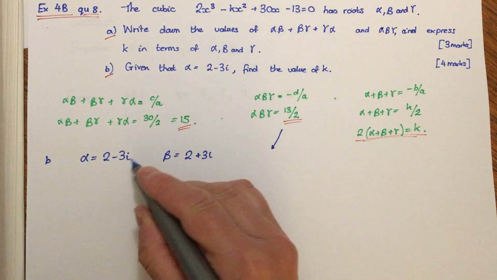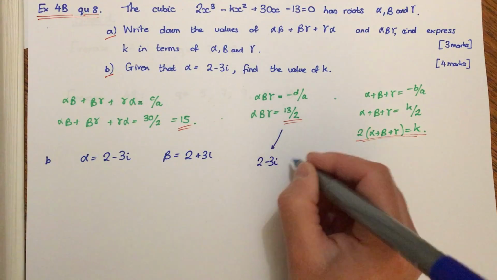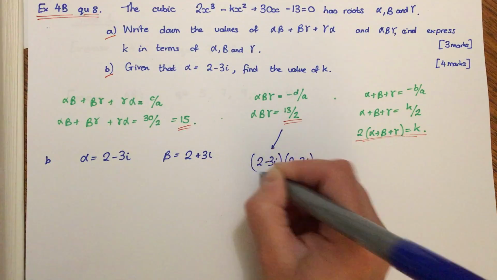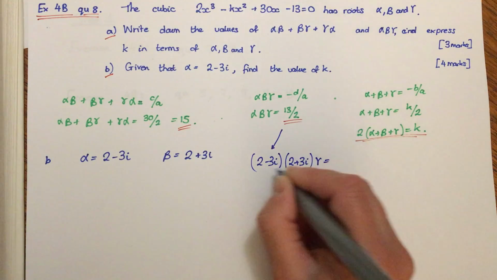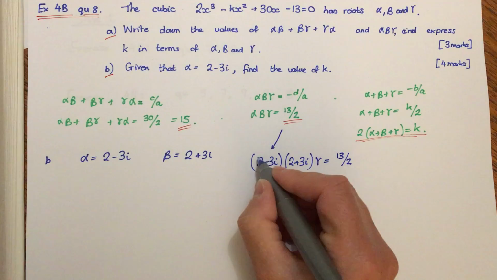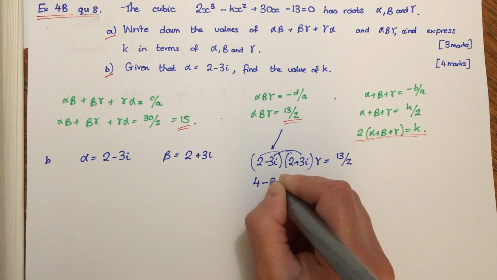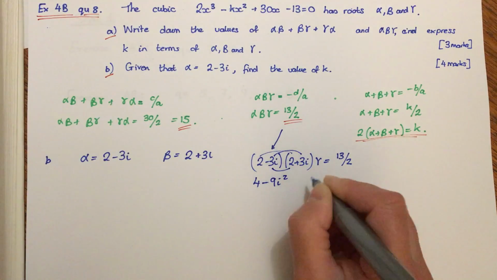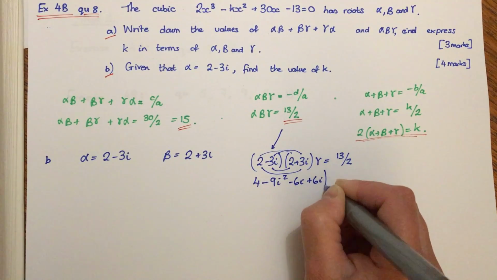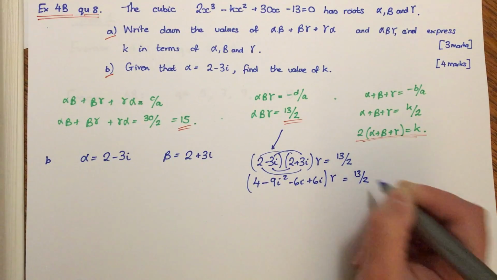So alpha is 2 minus 3i. Beta is 2 plus 3i, and gamma I do not know, but I know that when I times them together I get 13 over 2. If we multiply these out, we've got 4 minus 9i squared minus 6i plus 6i times gamma, which is 13 over 2.